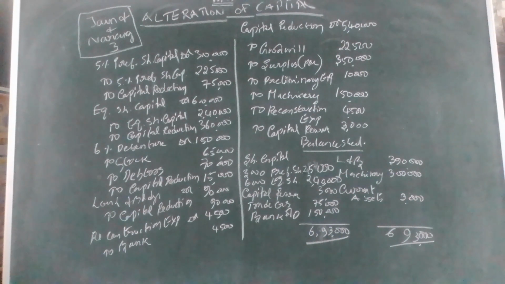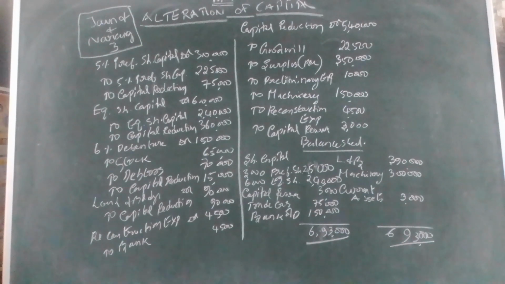Of course, the reconstruction expenses is not given in the old balance sheet. We are given it in the adjustment. So based on that, we are taking that 4,500. Then these things are adjusted. Still, we have some balance in the capital reduction. So that amount is taken as capital reserve, because we should not leave the balance in capital reduction account for the new balance sheet. So that amount of 3,000 is taken as capital reserve.